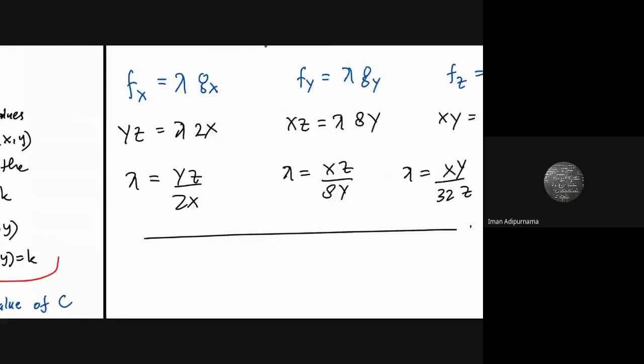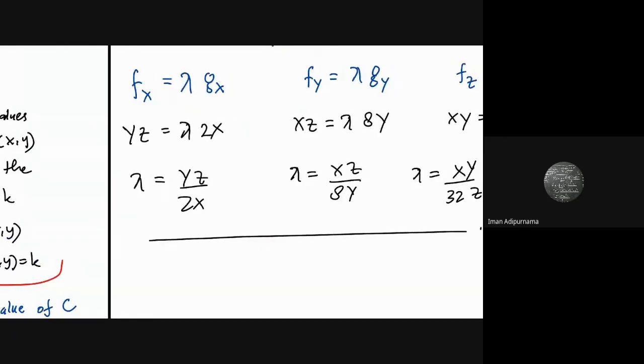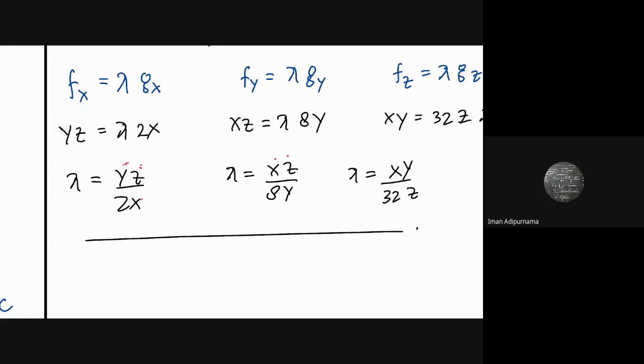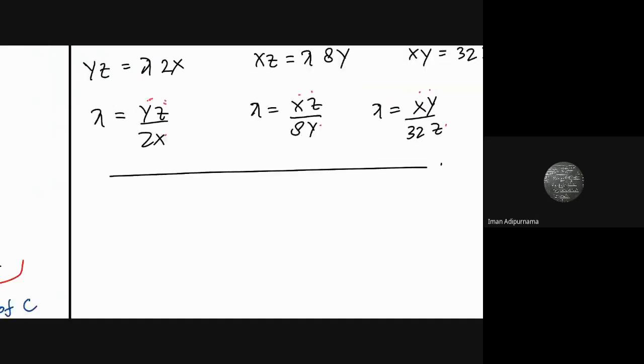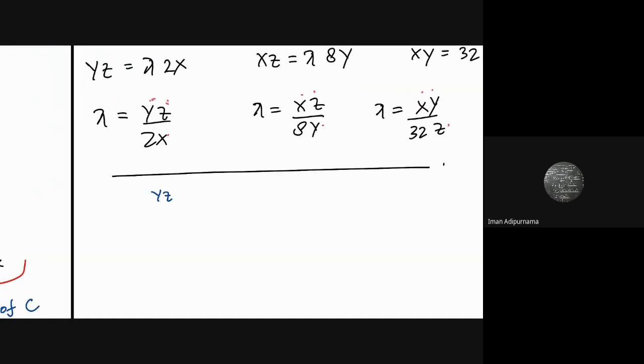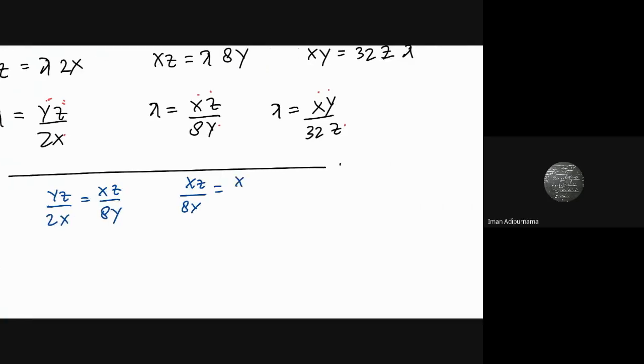But if we look at the form, we have x, y, z, right? We have also x, y, z here, right? So because all are equal to the same lambda, we can take yz over 2x is equal to xz over 8y, and xz over 8y is equal to xy over 32z.